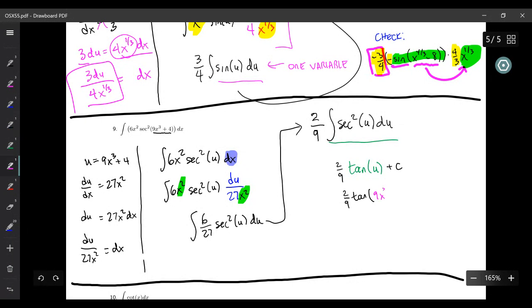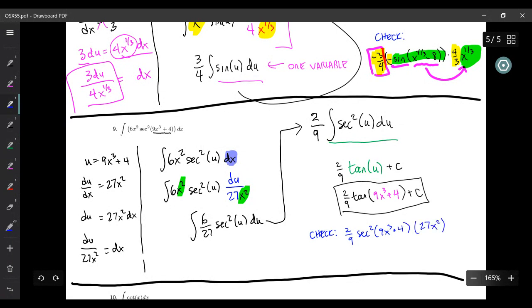x cubed plus 4, plus a c, right? So this would be my answer. And then we can check our work. The derivative of tangent of something is secant squared of something, and then there's a chain rule right there.